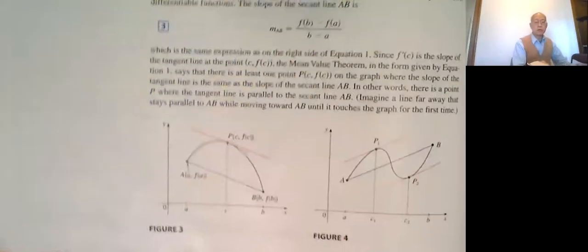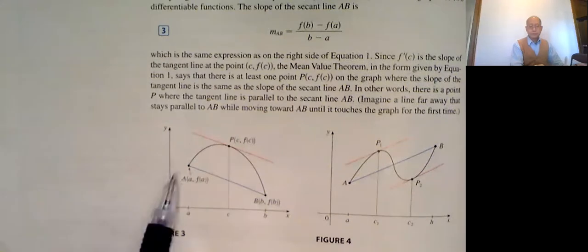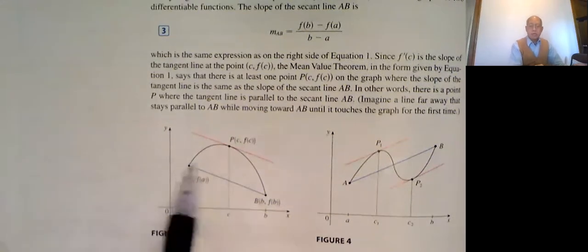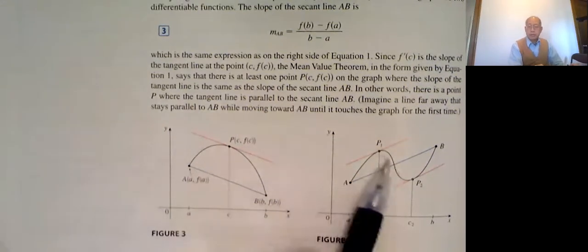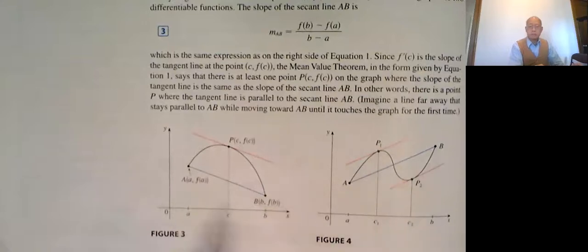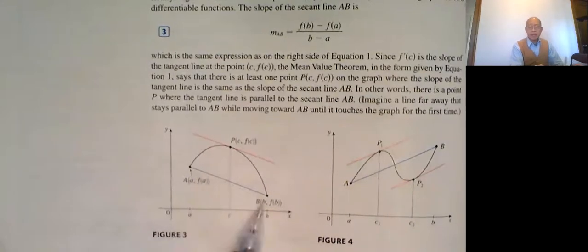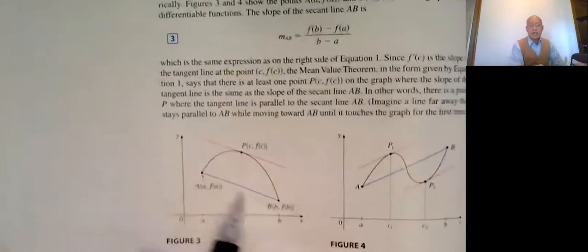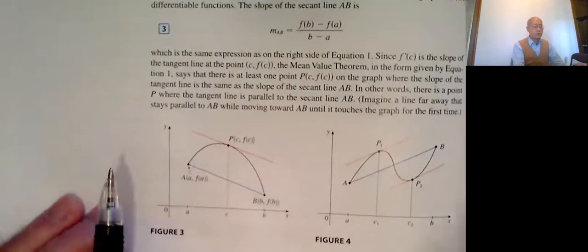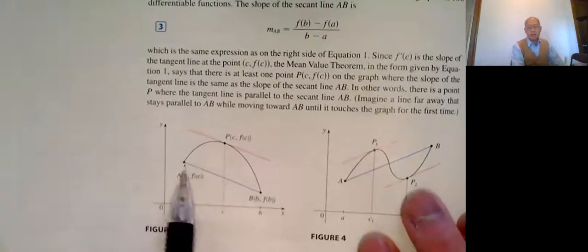And here's a picture of what it might look like. Continuous, differentiable function in black. But f of a and f of b are different heights. So this has some slope. Just for teaching purposes, let's pretend the slope here is 1/2.